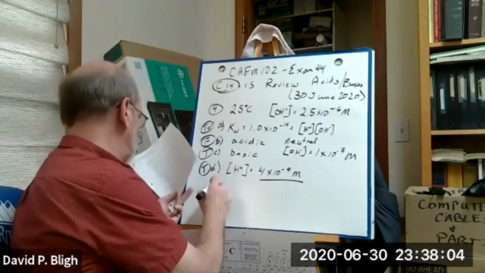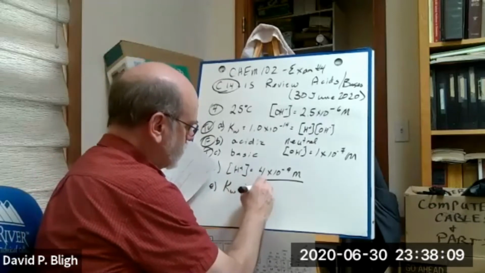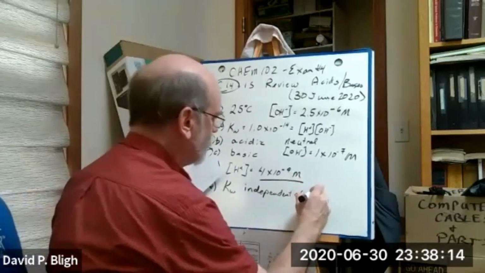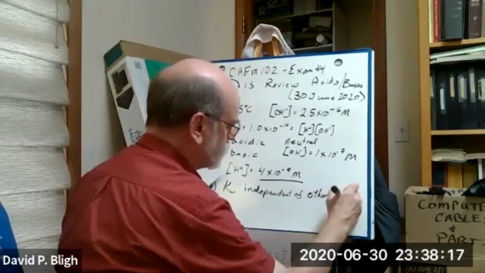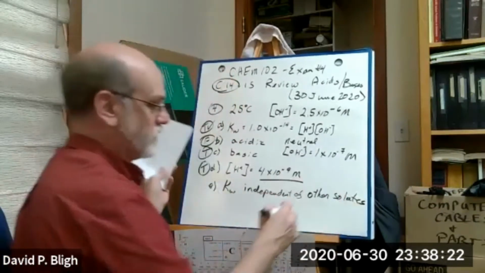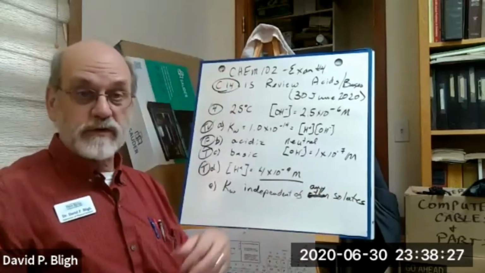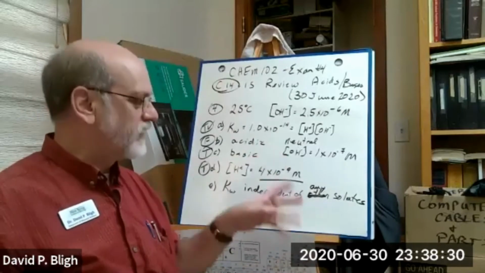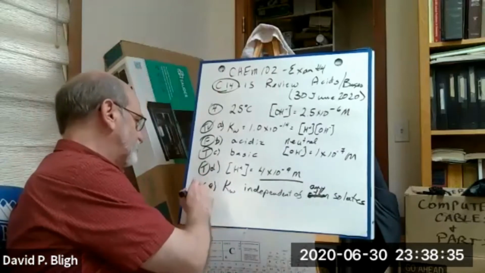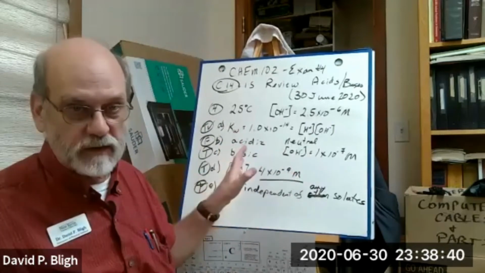And E says Kw is independent of other solutes. Actually, any solutes, not other solutes, any solutes. Because water is going to be the solvent. Put anything into it, anything else is going to be a solute. That's true. Kw is there no matter what you do to water. It's always there.